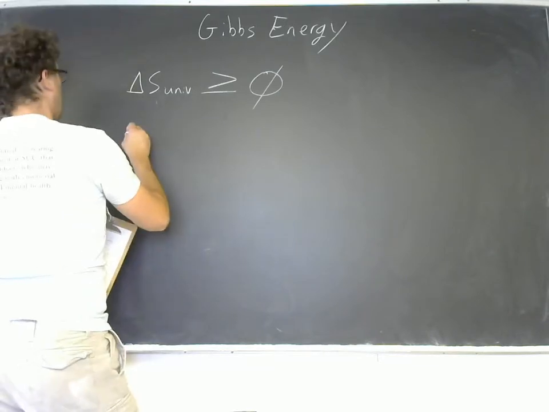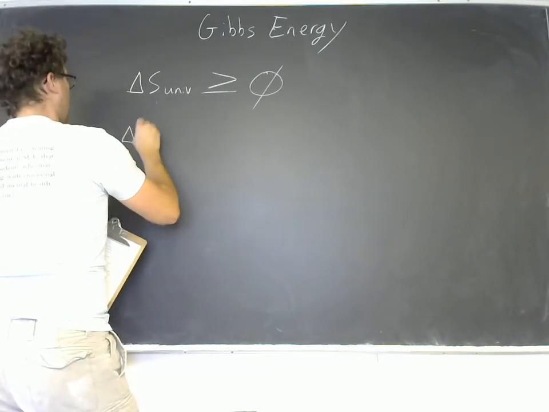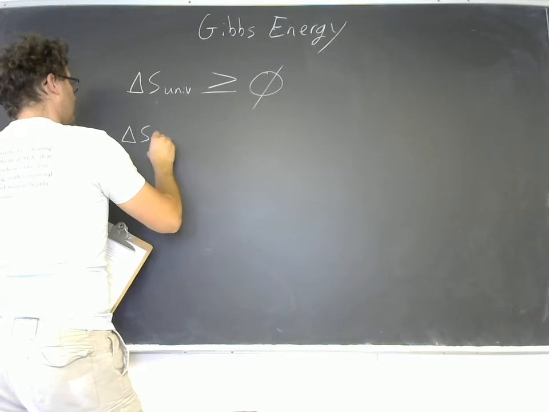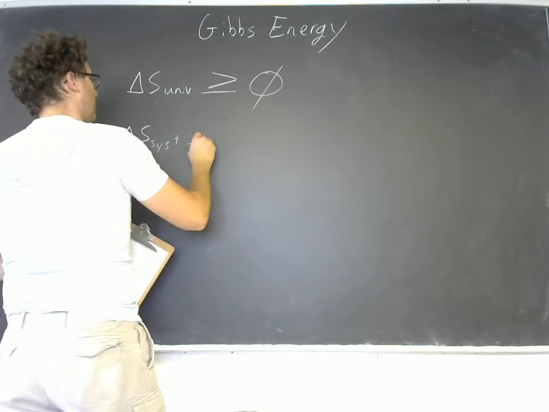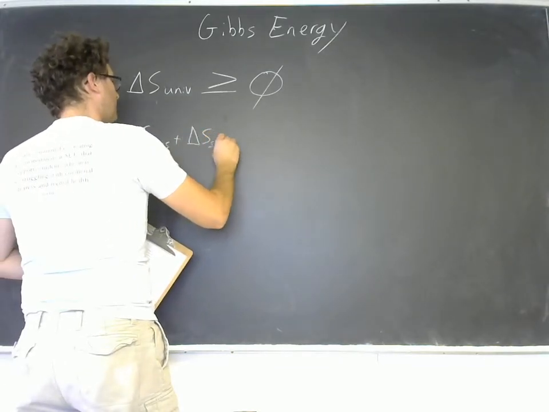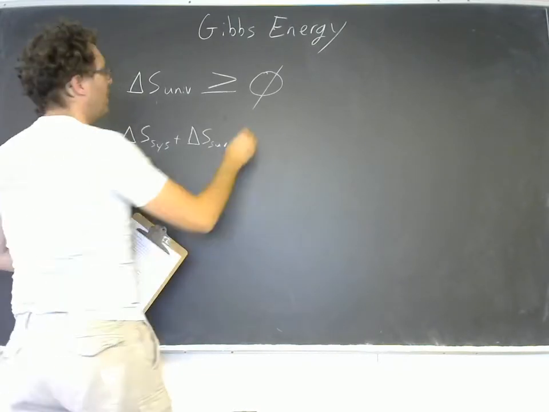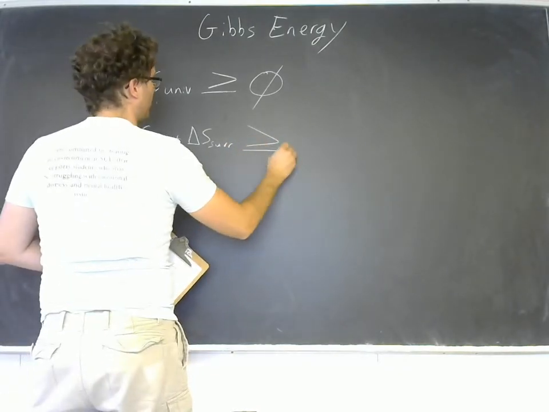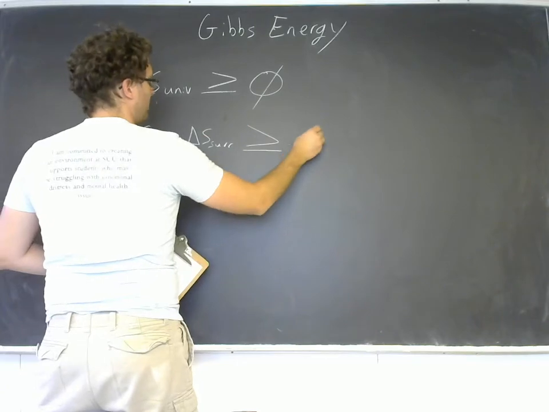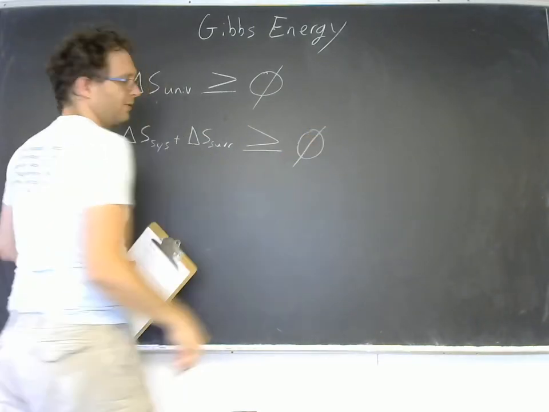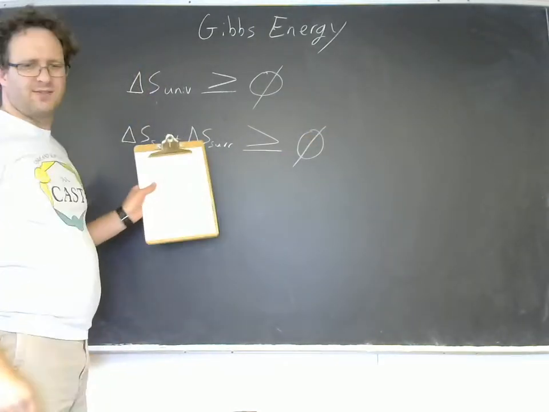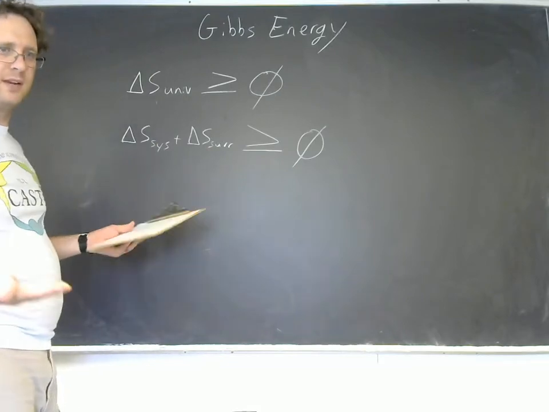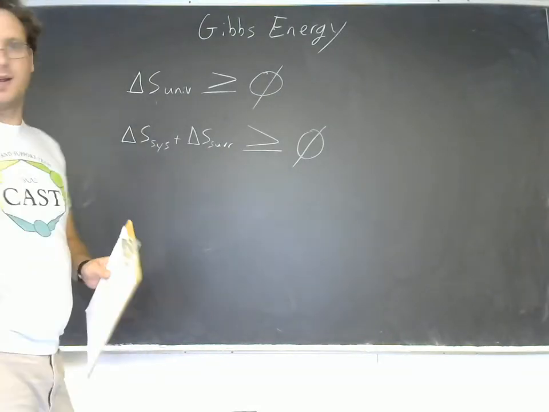Delta S of the universe is delta S of the system plus delta S of the surroundings. And so delta S of the system plus delta S of the surroundings must also be greater than or equal to 0.